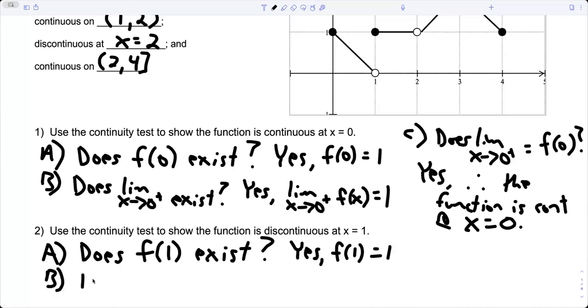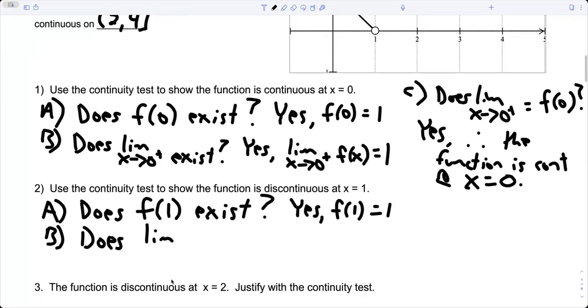Part B. Does the limit as x approaches 1 of f of x exist? The answer to that is no. Why is it no?